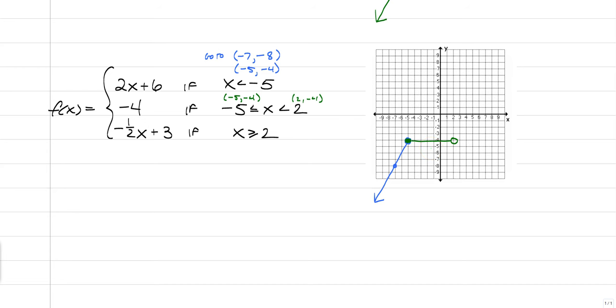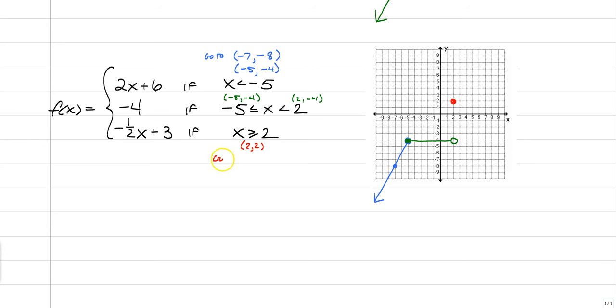And finally, we're going to finish up with our start point of 2, -1/2 of 2 is 1, which is a -1. Add 3, and we get 2. So we're going to start at 2, 2.